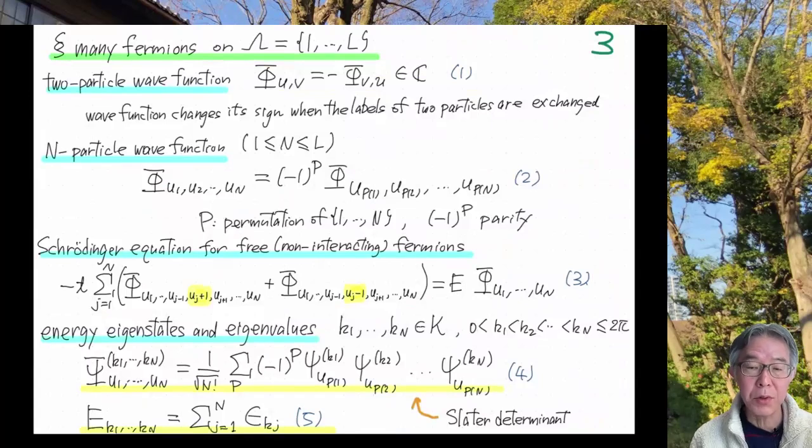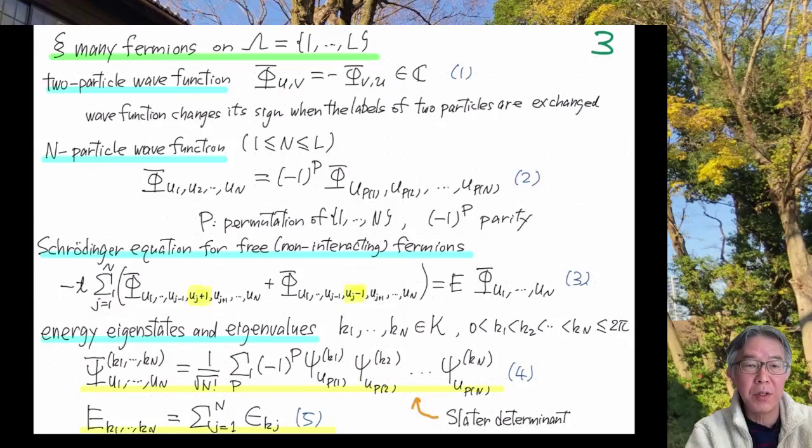Now I want to go to the many particle case, still using the standard wave function formalism. Let's consider the two particle case, where the wave function now has two position variables. In order to describe the symmetry of fermions, I have to say that these two fermions are identical.